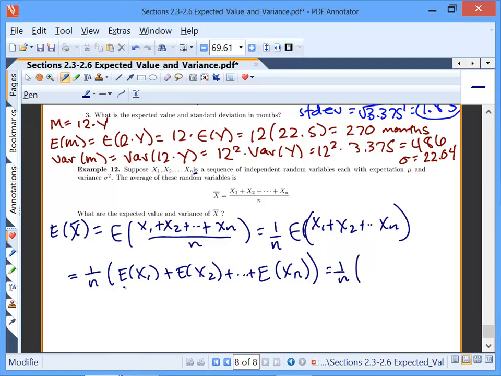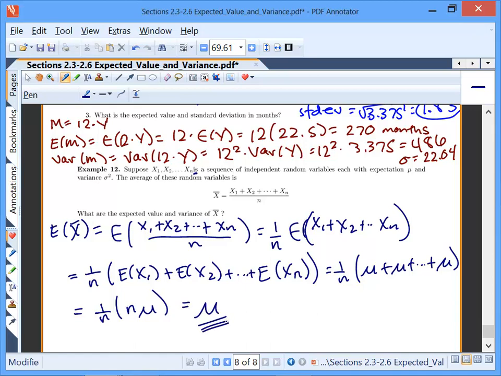So the first is mu, the next one is mu, up to the last one, which is mu. How many of those mu's am I adding up? n of them, so I can rewrite this as n times mu. And what happens with those n's? They cancel out, and I'm back to mu.